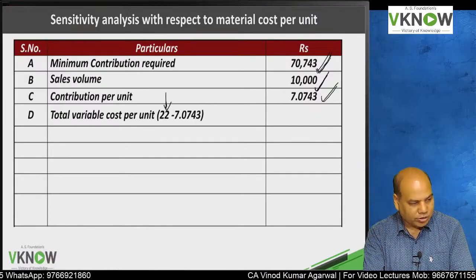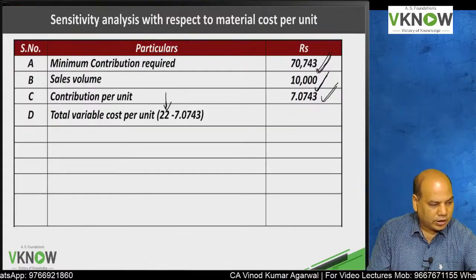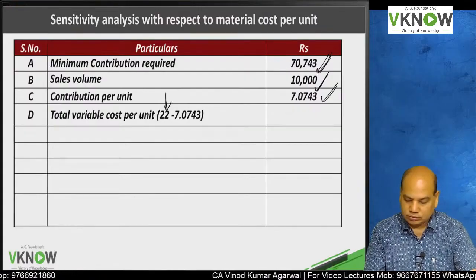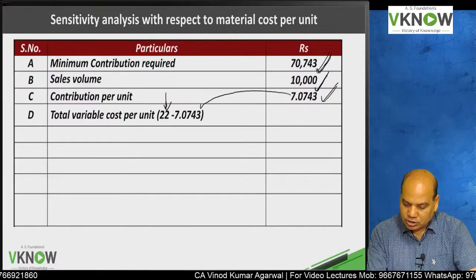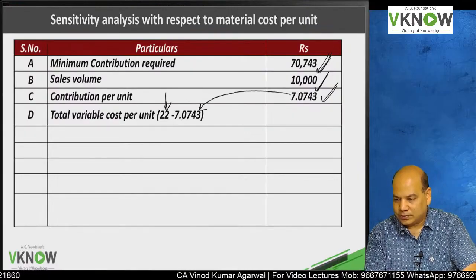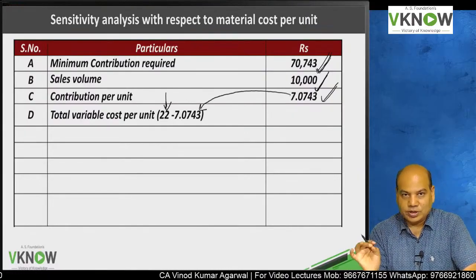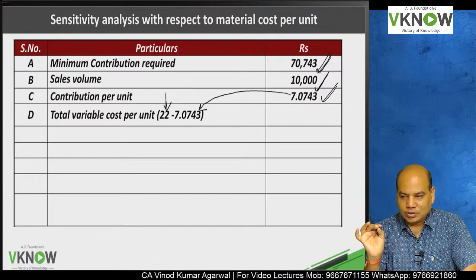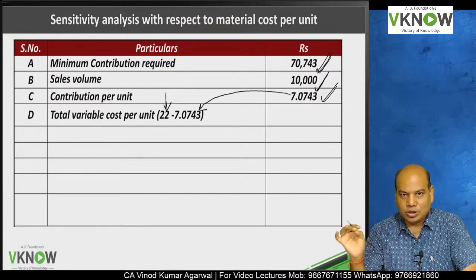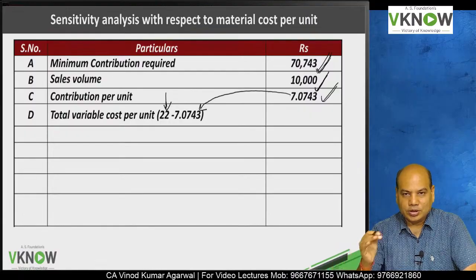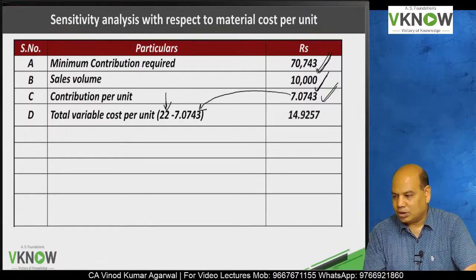Your selling price is 22, contribution is 7.0743. All of you have studied in your costing: selling price minus contribution per unit will give you variable cost per unit.